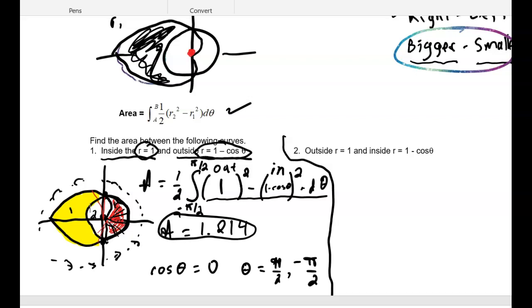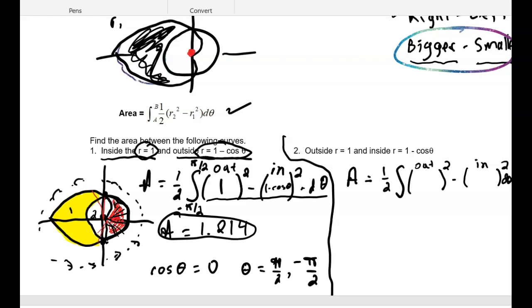I like that. We're going to go ahead and set up our new integral for this one. So now you're going to do 1/2. You'll still have your r squared, with the first one being the outer term, minus the other r squared, with that one being whatever your inner curve is, multiplied by d theta.